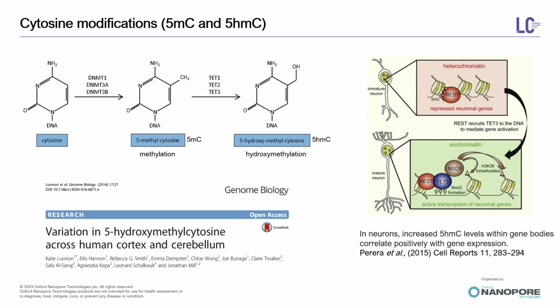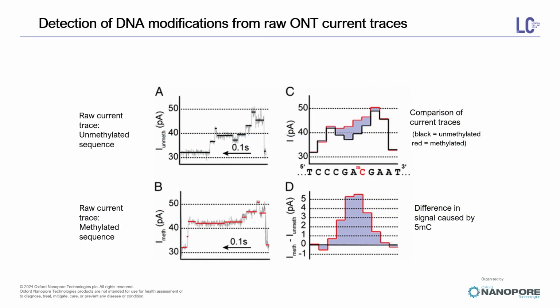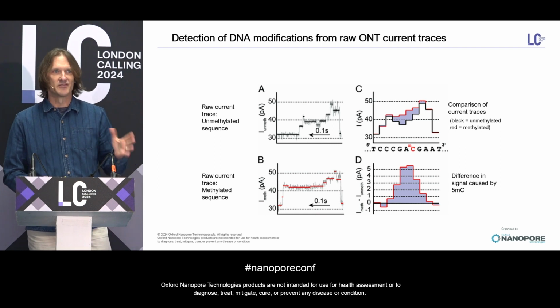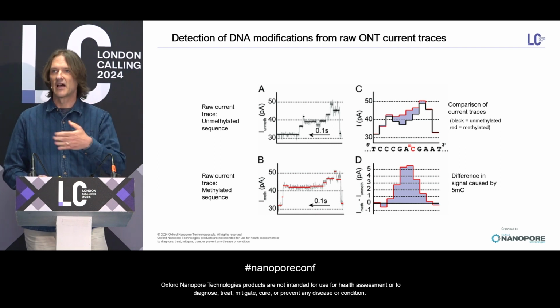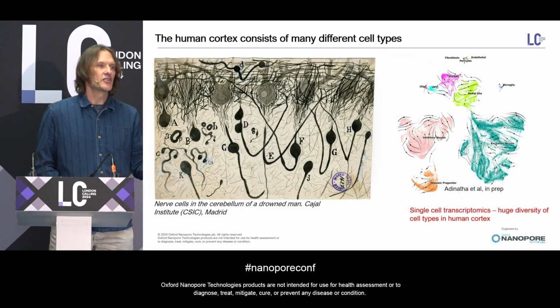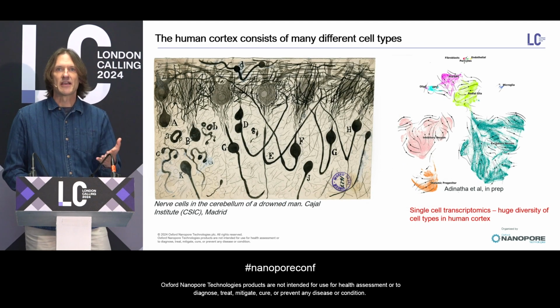We've also done another study looking at the distribution of hydroxymethylation across the human cortex and cerebellum. ONT is the perfect technology to look for modifications due to algorithms that can show the difference between bases and modified bases.